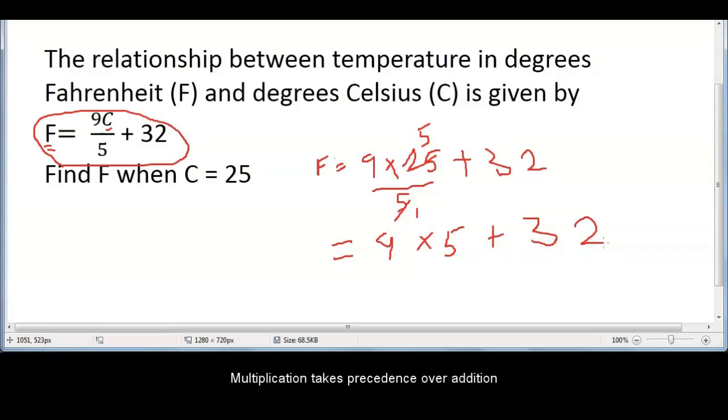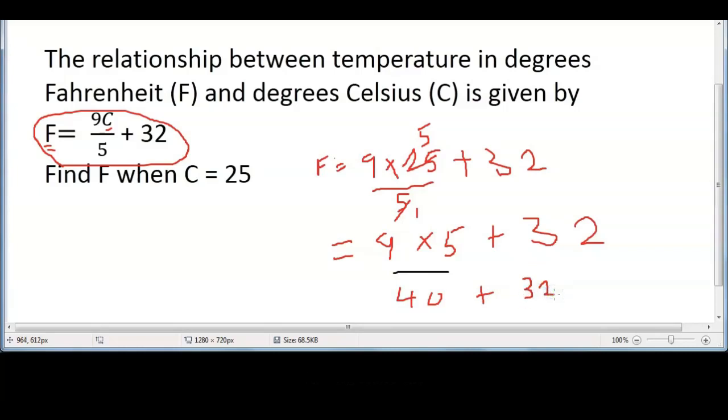Multiplication takes precedence over addition. 9 multiplied by 5 is 40 plus 32.